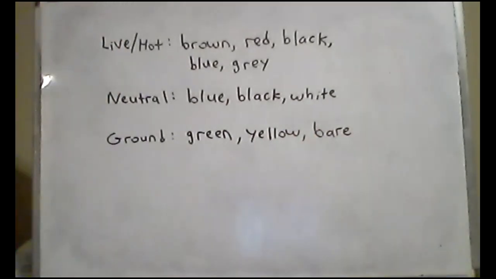So oftentimes your ground wire is a safe bet that it's green. But again, you have to look at the region. So again, there's a color coding scheme.